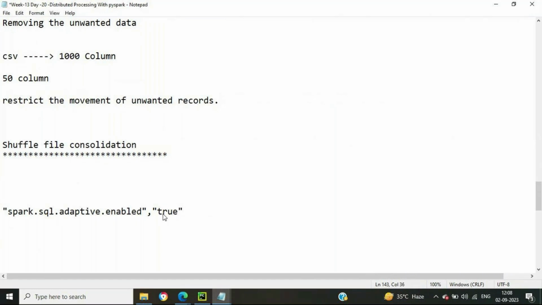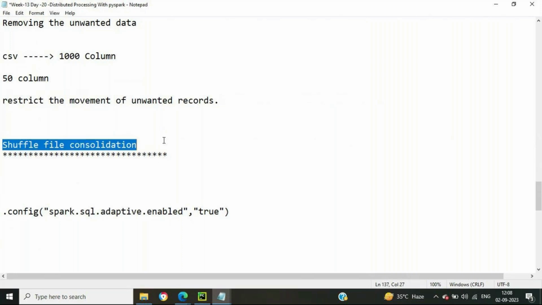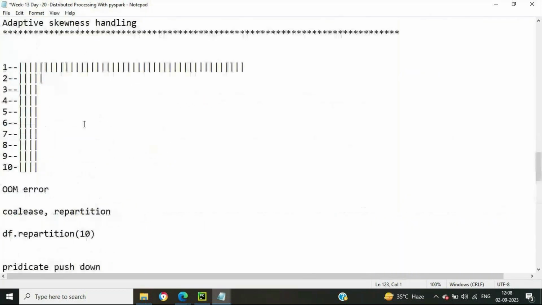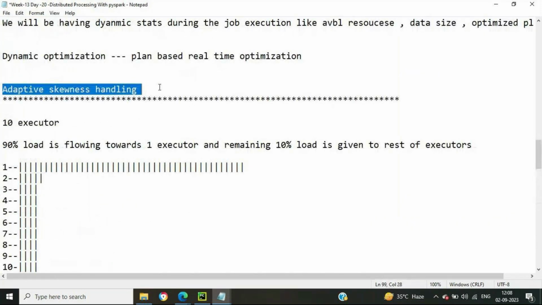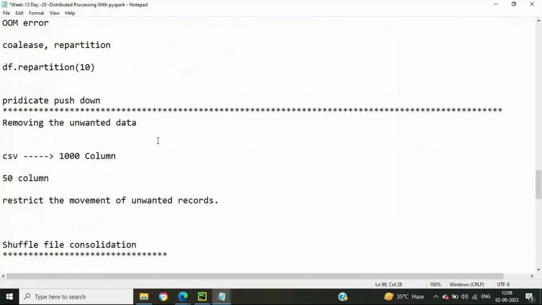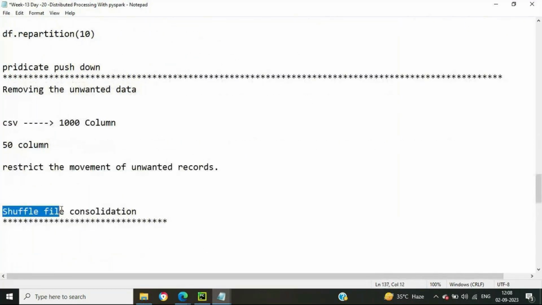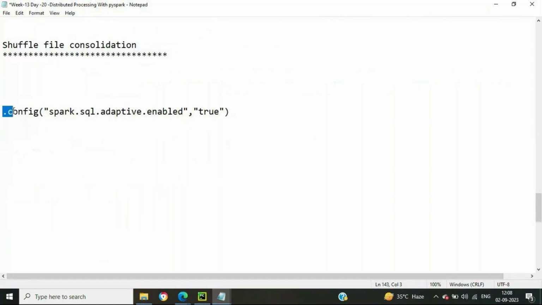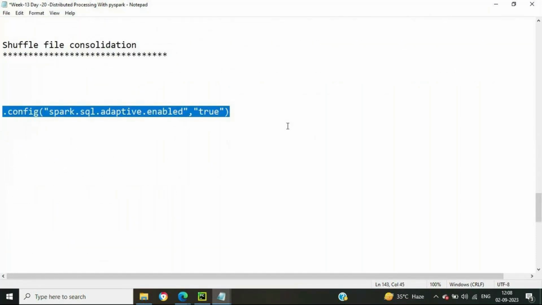At this moment, AQE will be enabled, and we will be able to overcome these situations. Predicate push down will work, adaptive skewness handling will also work, and shuffle file consolidation will also work just by setting this property.